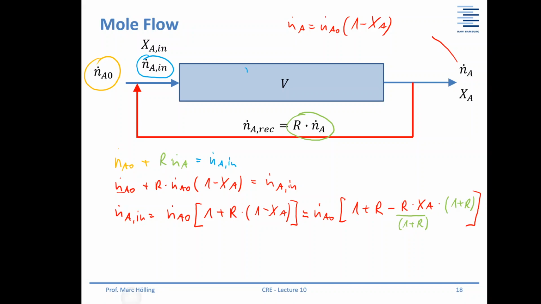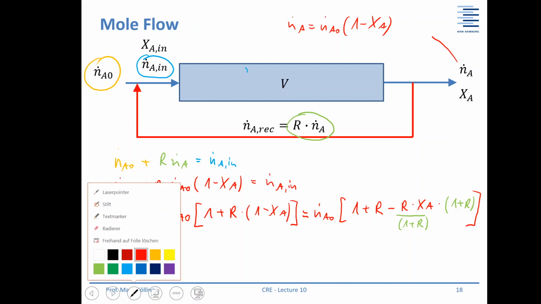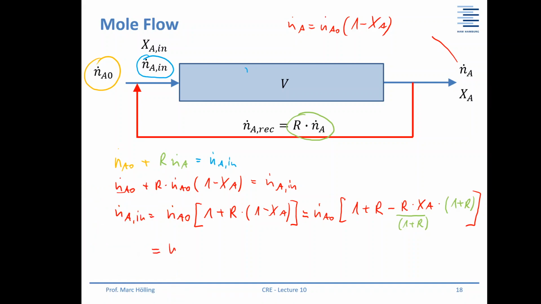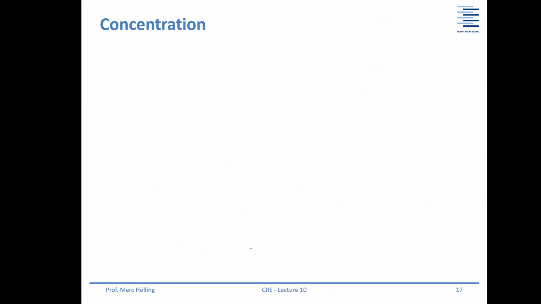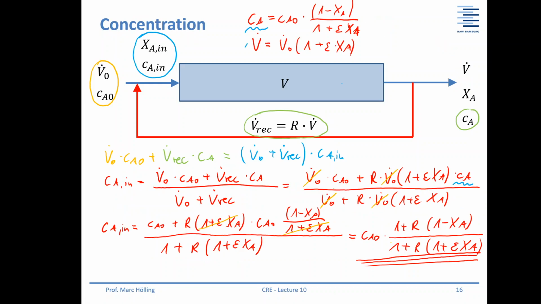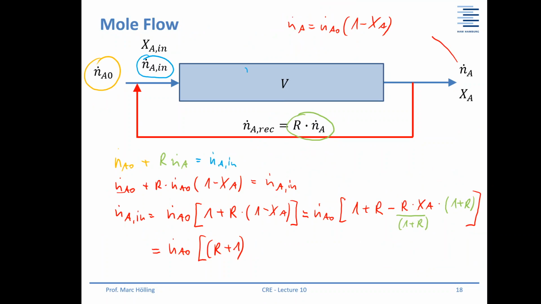But with this I can say, okay, now I have N dot A0, and now I can write R plus 1 times 1 minus R over R plus 1 times XA.